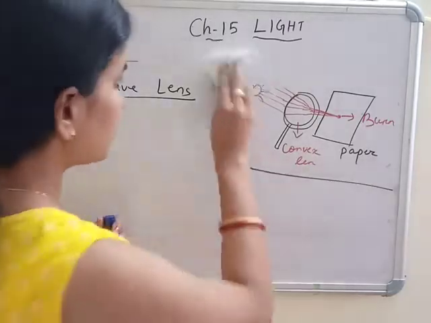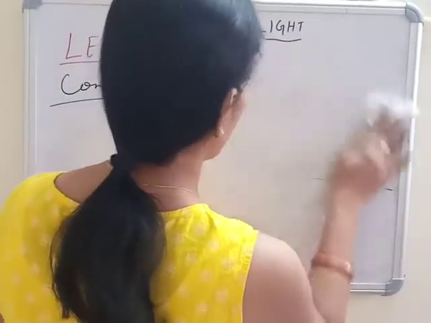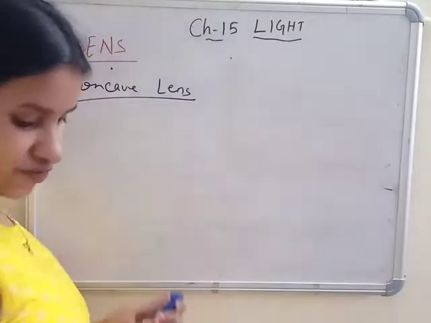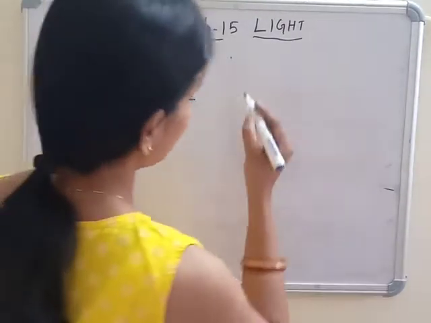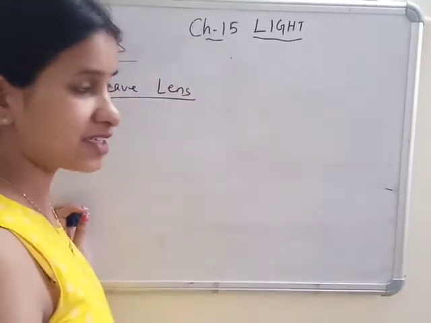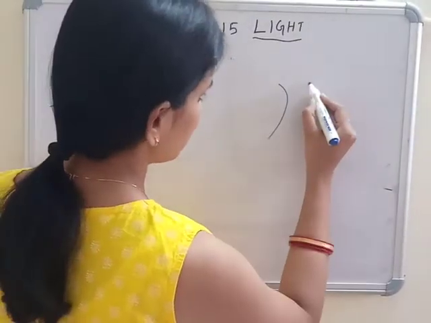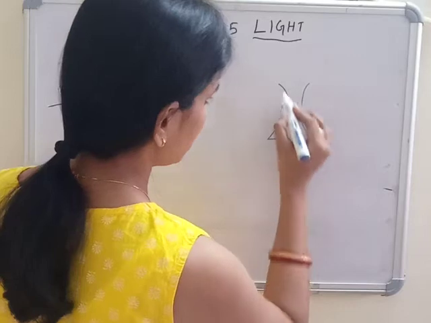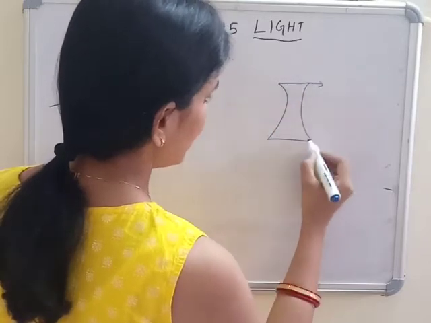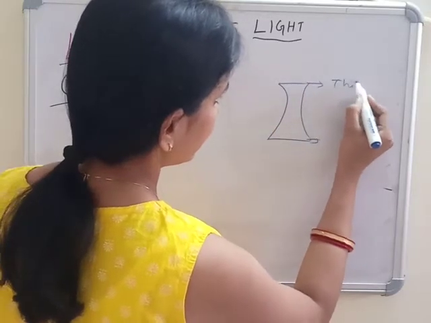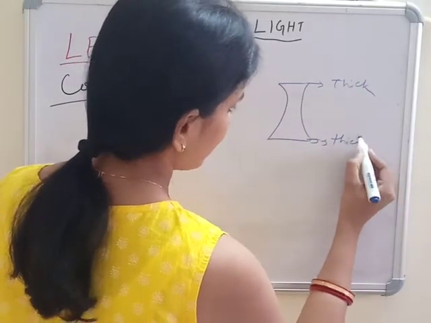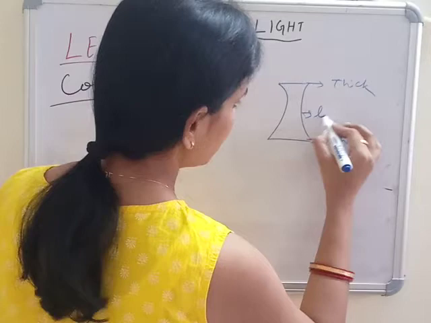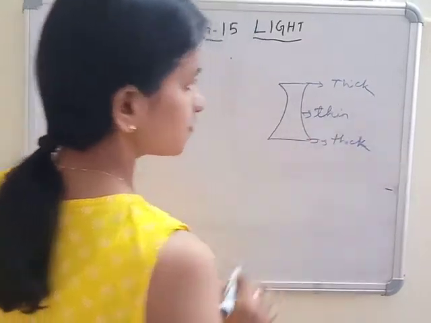Okay, let me erase this one properly so that I can draw. So concave lens, how is this concave lens visible to us? So it is just the opposite of the convex lens. Thick at the end and thin at the middle.